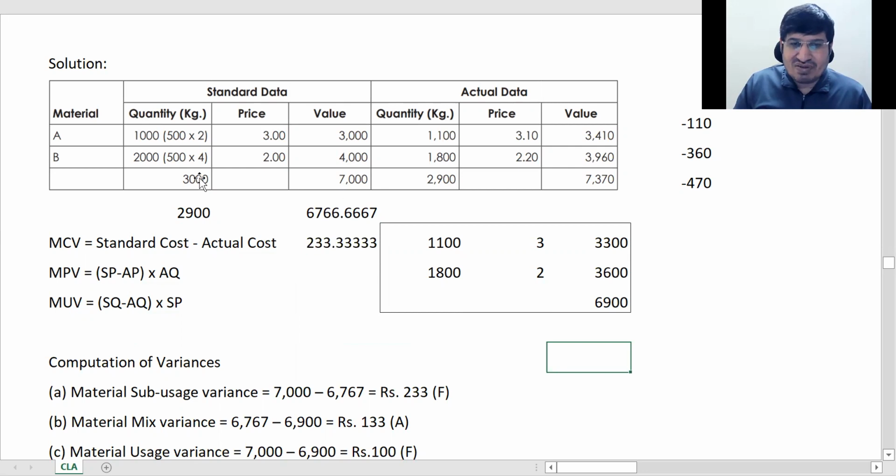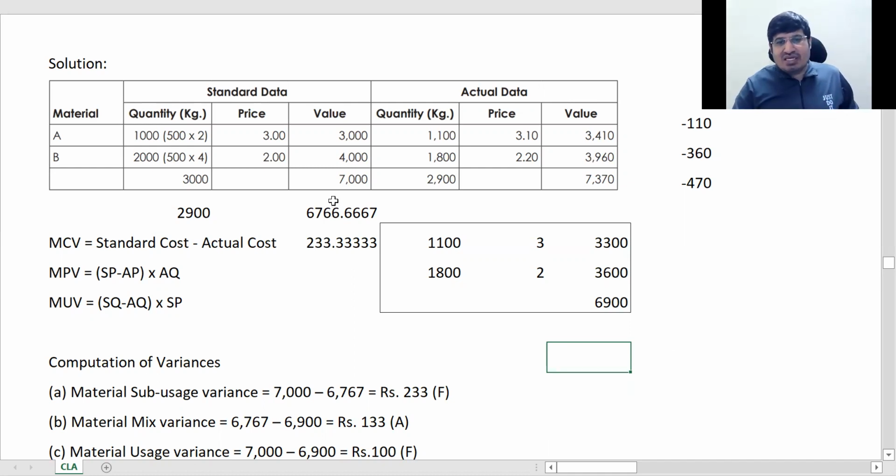So 100 into 7,000 upon 3,000 is equal to 233, correct? This is what we got, right?